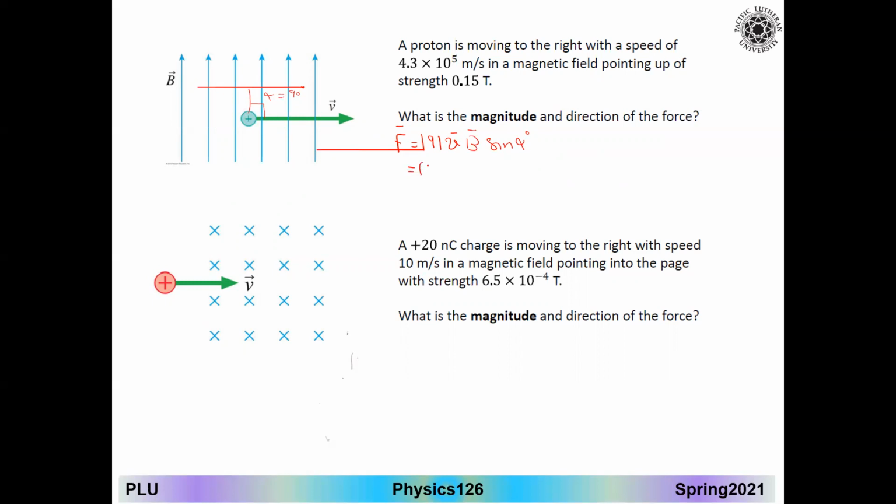Q, since we have protons, will be 1.6 times 10 to the power minus 19 coulomb. This times velocity, which is 4.3 times 10 to the power 5 meter per second.